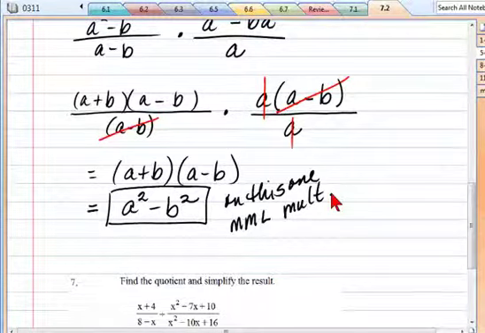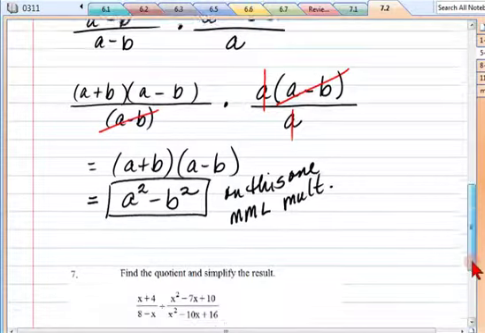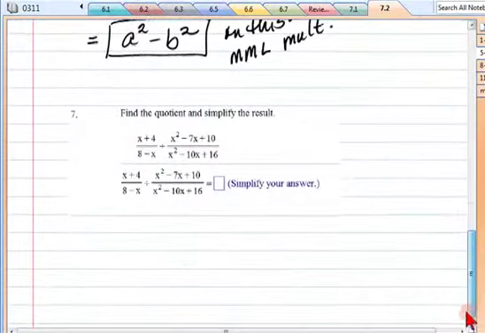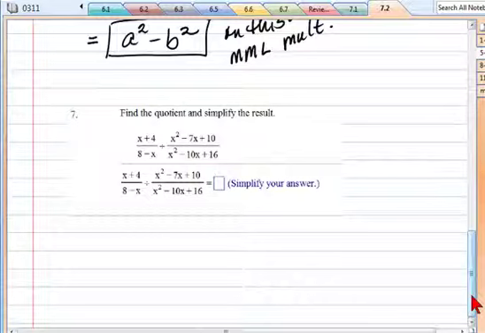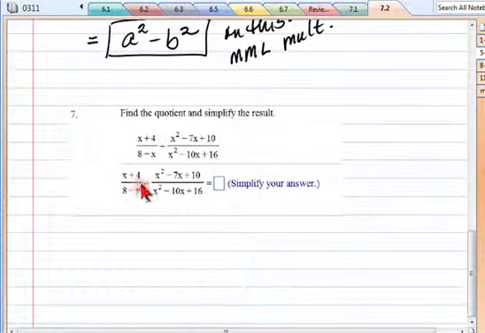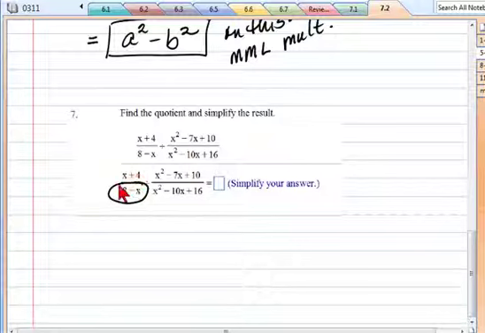All right, there are a gazillion problems. We're going to skip several. If you take a quick look at number 7, the only thing I would call your attention to is this denominator is an 8 minus x.